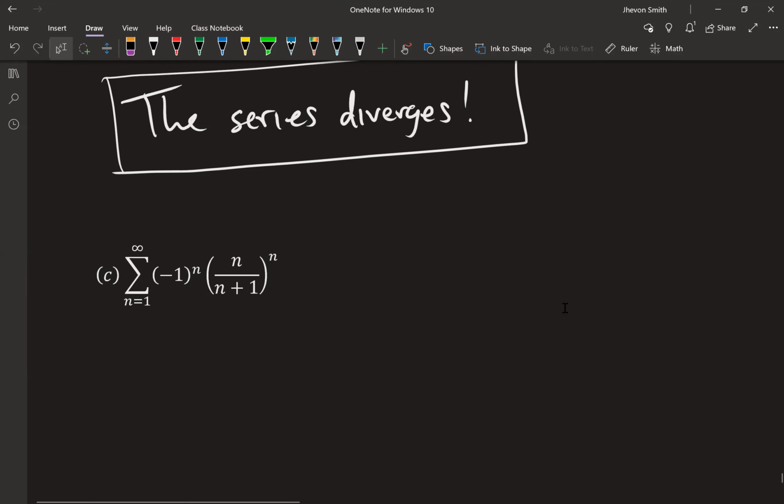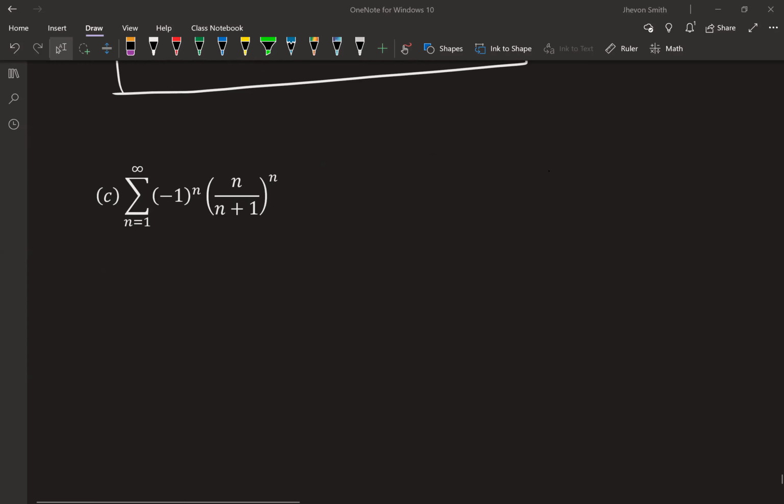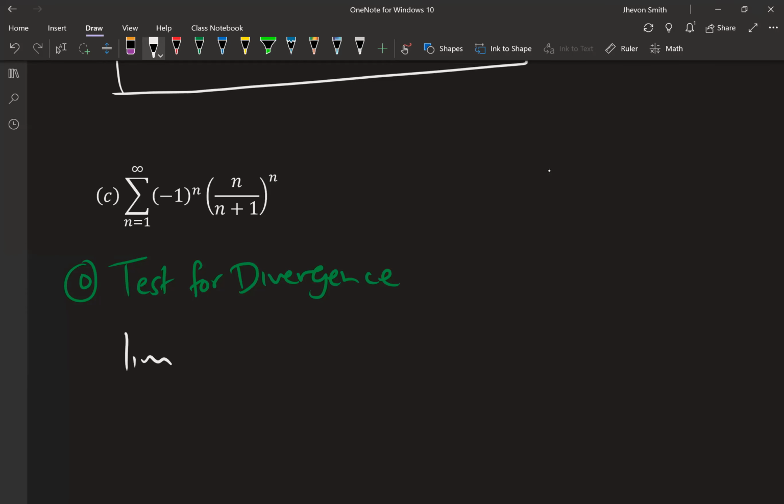Right, test for divergence, always the same thing. So, test for divergence. I'm going to look at the limit of n over n plus 1 to the n.